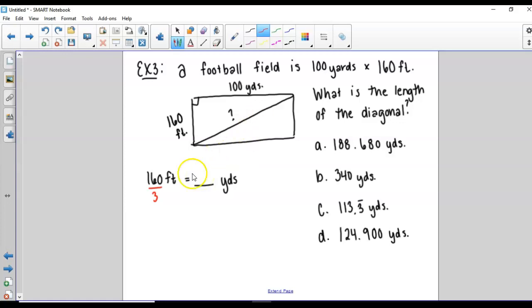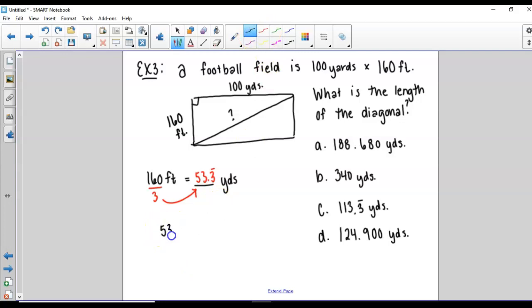So we're going to divide by 3, and we get 53.3 repeating. And if you think about what a football field looks like, it doesn't make sense to have this side be 160 if you're thinking in yards, because a football field is longer than it is wide. So, 53.3 repeating yards, we have to change that first, and then we can do Pythagorean Theorem.